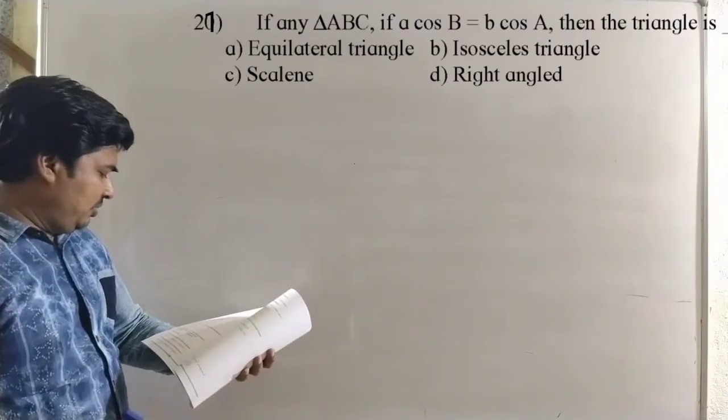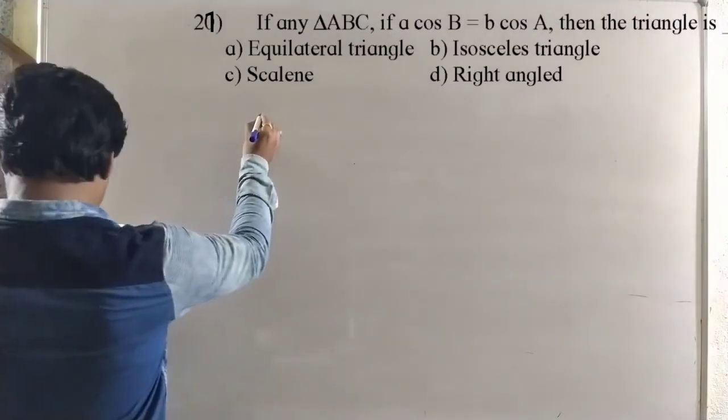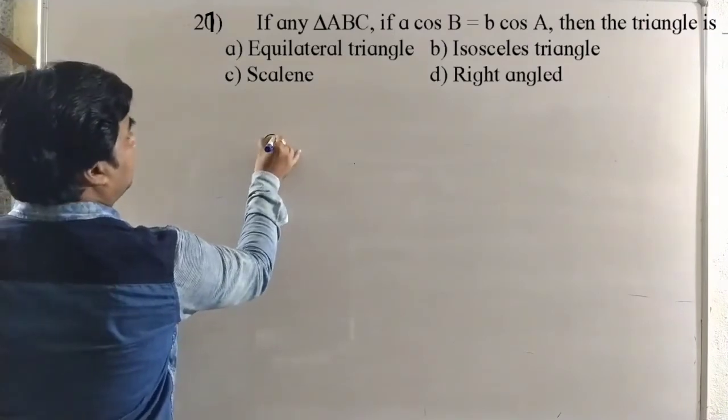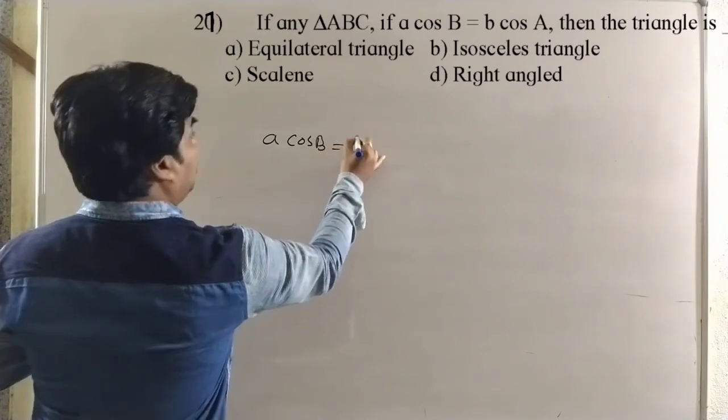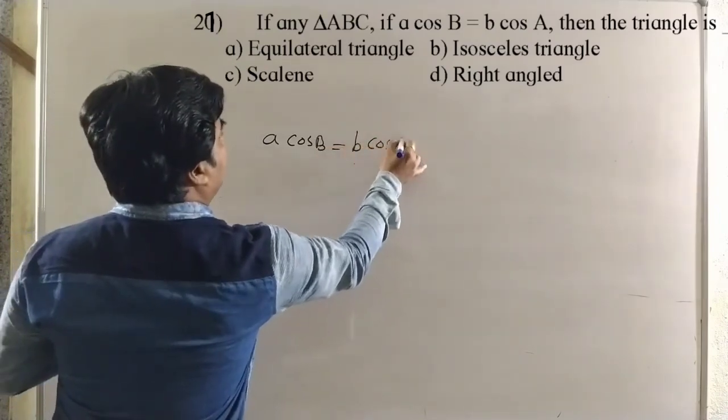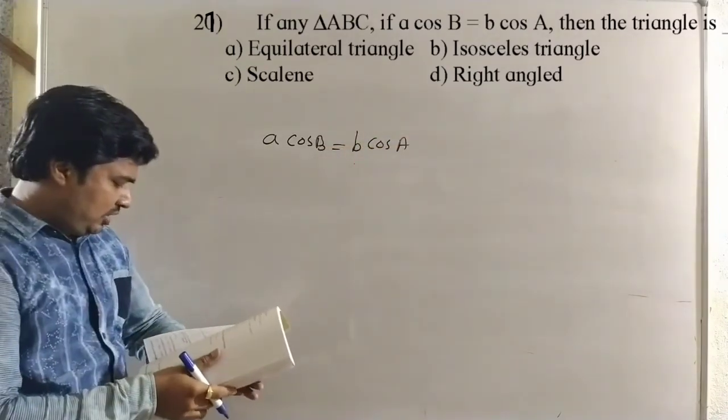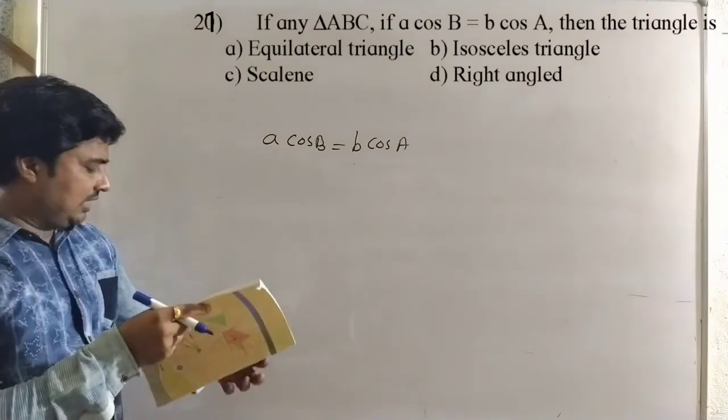In any triangle ABC, it is given that A cos B is equal to B cos A. A cos B is equal to B cos A. Then the triangle is, okay.